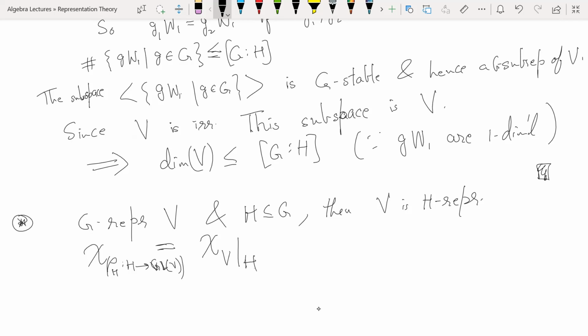So computing the character is pretty straightforward. Restriction is a very nice operation, in some sense a trivial kind of operation, so making computations is straightforward.